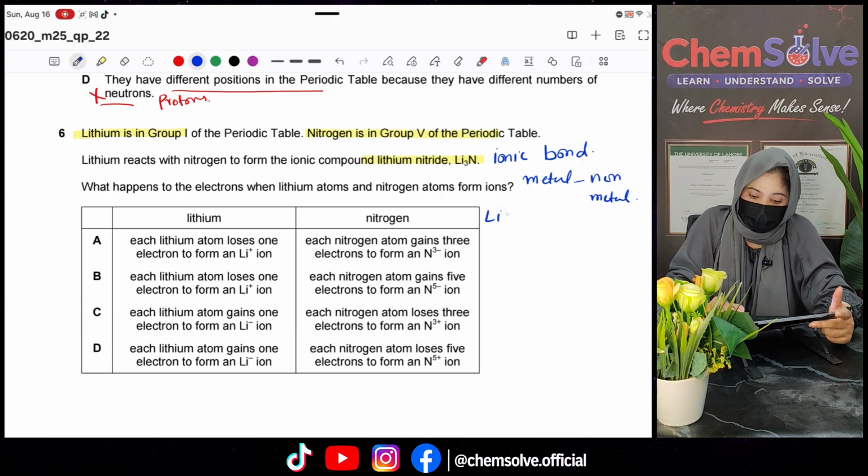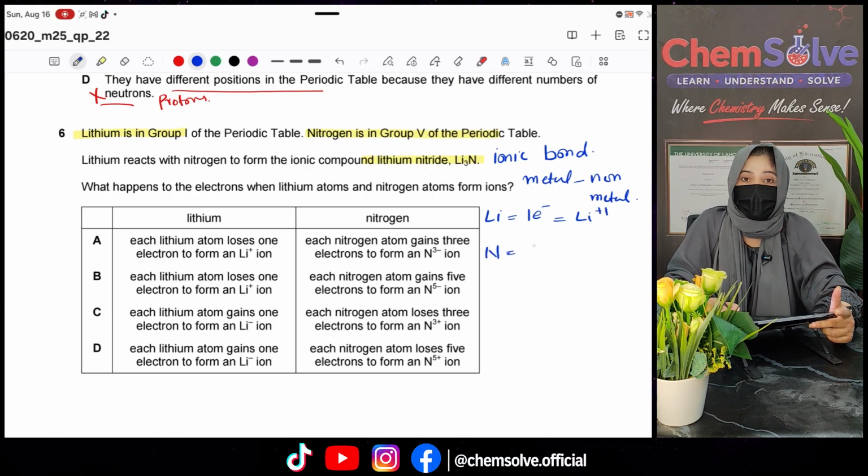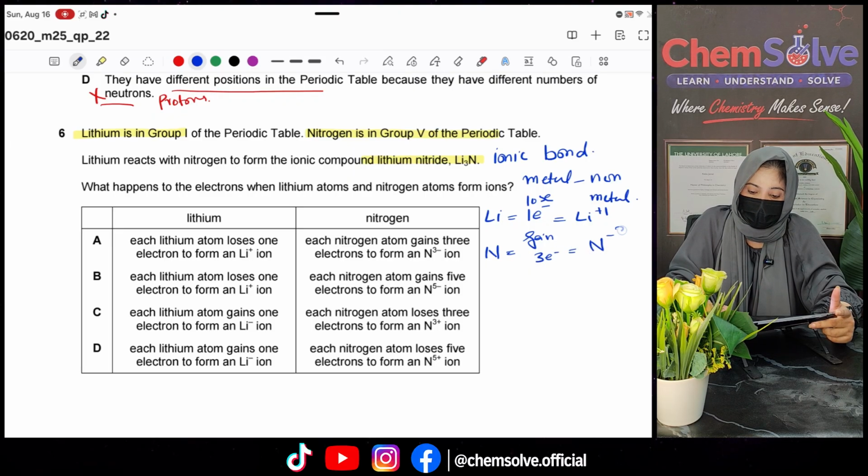So lithium is in group 1. That's why it will lose 1 electron and form Li positive 1. Nitrogen is in group 5. It will gain 3 electrons and form the charge N minus 3.